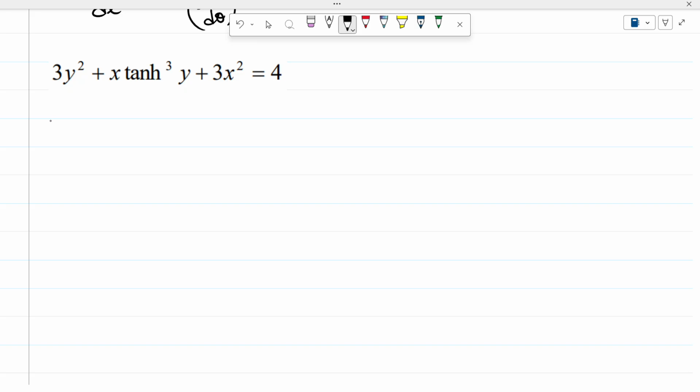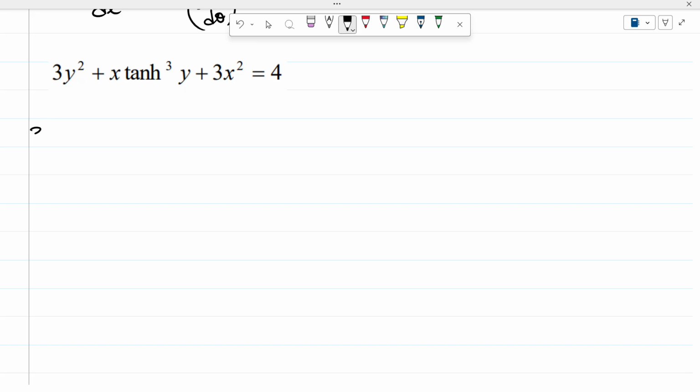But we should always remember that in implicit differentiation, whenever we differentiate y, we should multiply that derivative by y prime or dy dx, whichever you prefer.